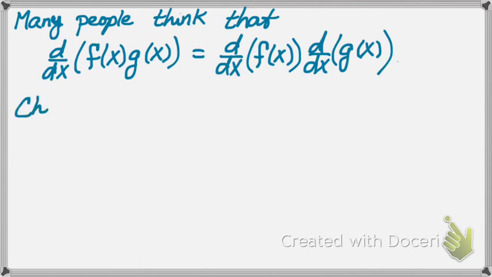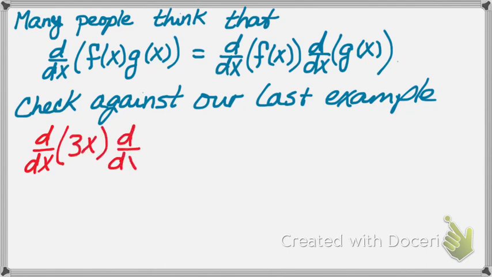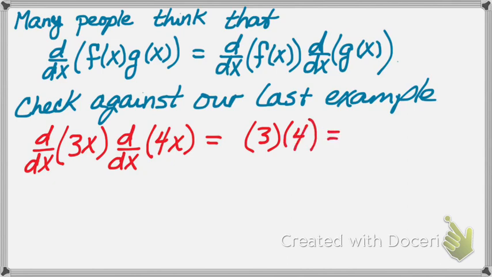Well, let's check our last example against what we think the rule for products would be. The derivative of 3x times the derivative of 4x is equal to 3 times 4, which equals 12, and that is not equal to 24x, which is what we found the derivative to be.